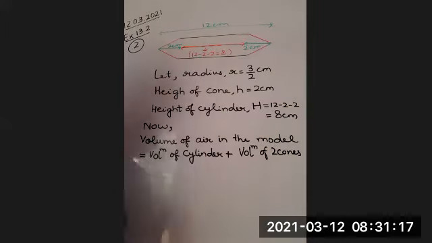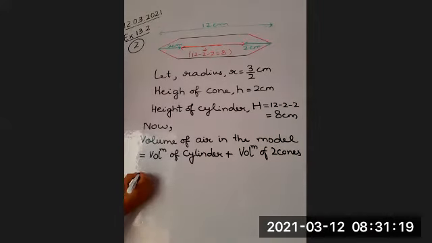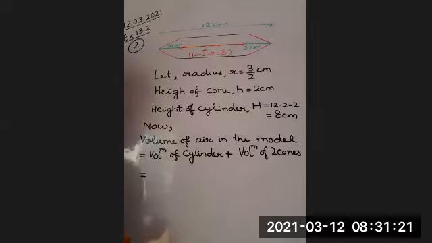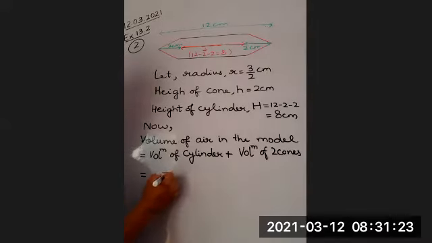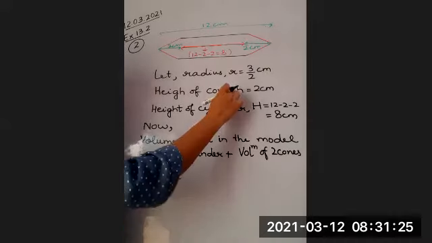Now, what is the formula for the volume of a cylinder? Pi r square h. H will be capital H. Please be careful.